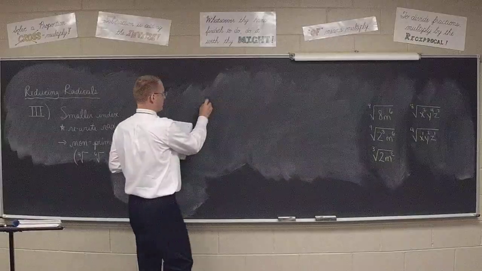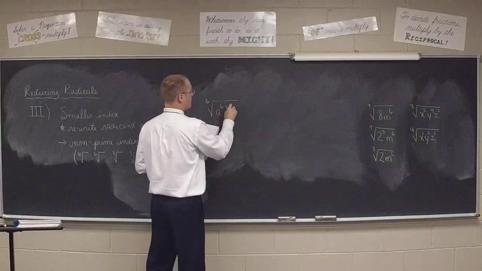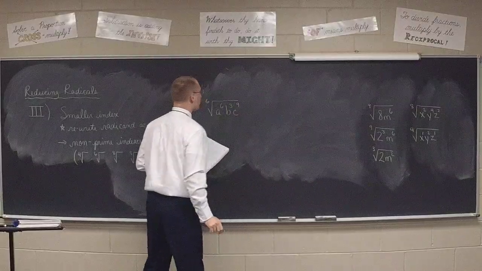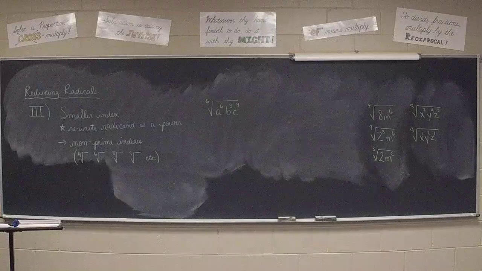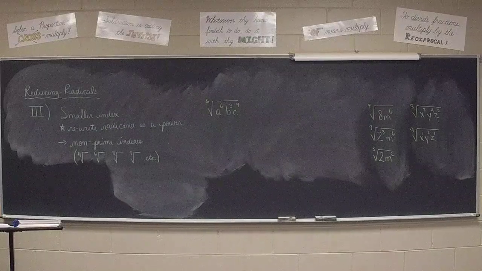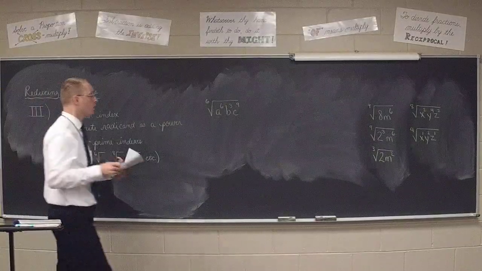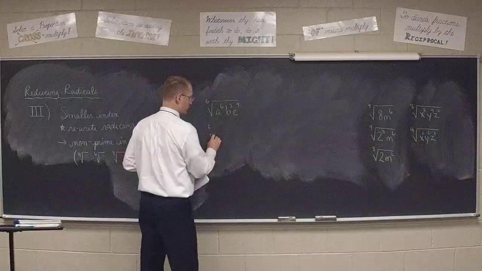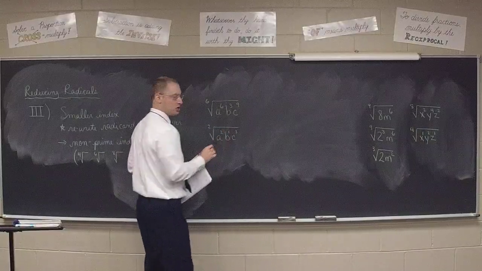Write this one down. Now the 6th root of a to the 6th, b cubed, c to the 9th. Maddie, thoughts? Okay, and what would that give us? Good. The square root of a squared b c cubed.